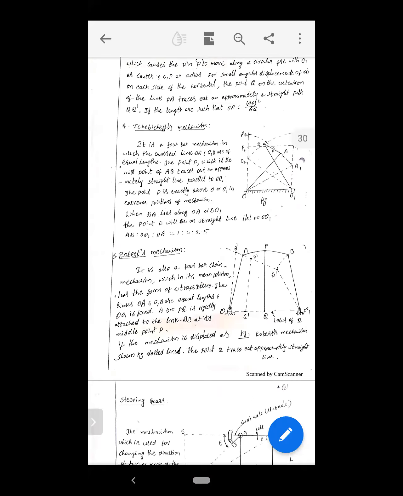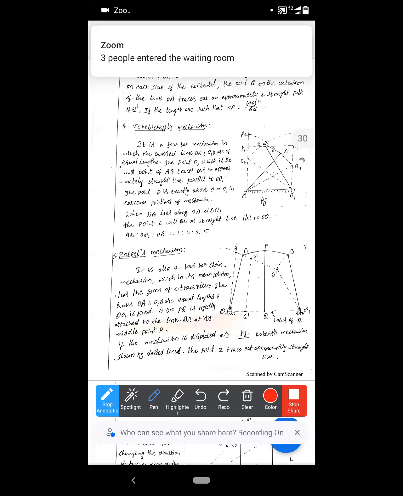See how the mechanism works. O1 is fixed and OA is in motion. The A link will make oscillation, then similarly the translation of the A link and the B link. You may also see in their positions that A moves to A dash and the B link achieves B dash positions.